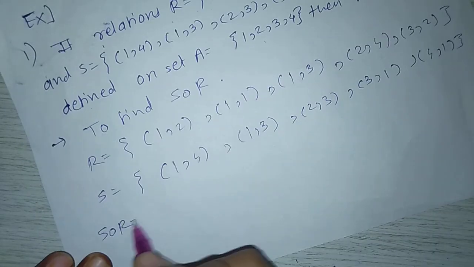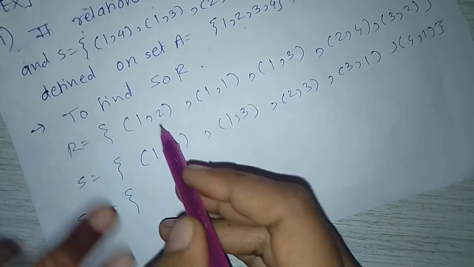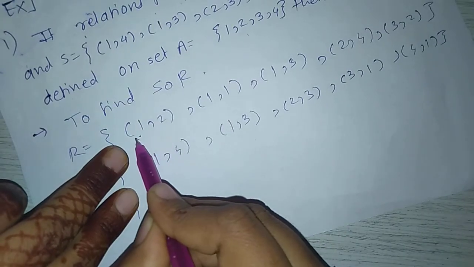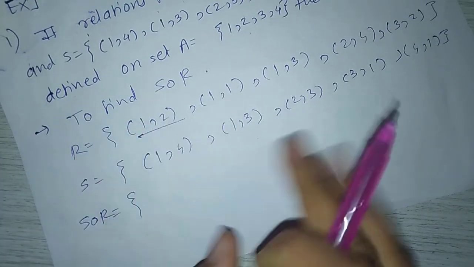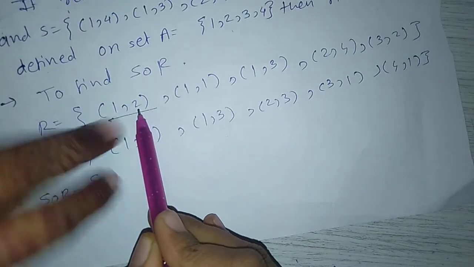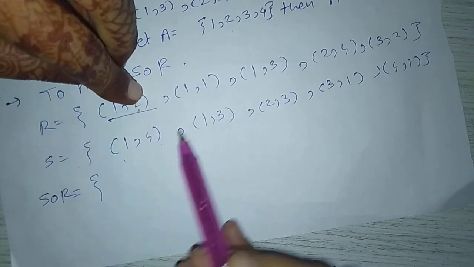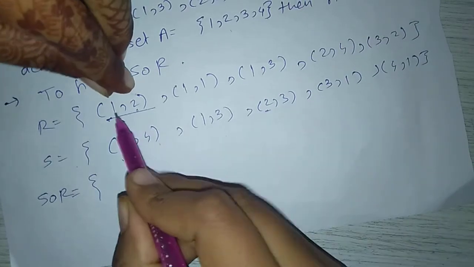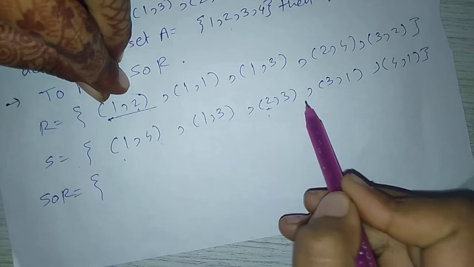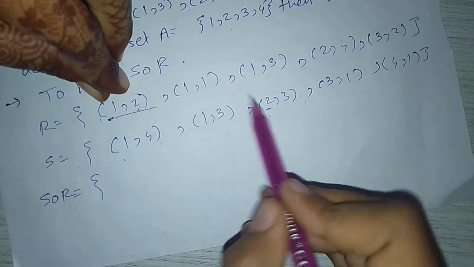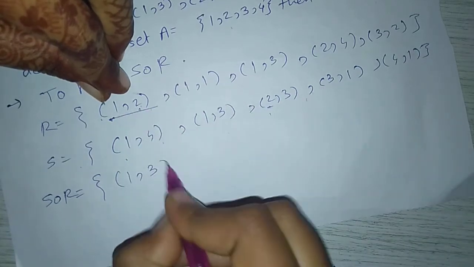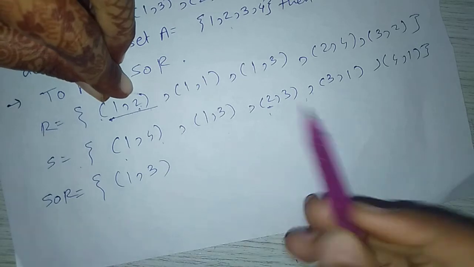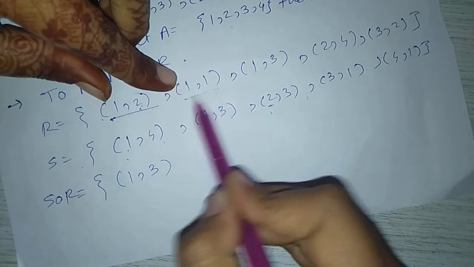S composite R equal to, here (1,2), take (1,2) in R. Here second element is 2. Check in S, first element 2 here. So make pair (1,2), (2,3), and by transitivity it is (1,3). So (1,3) belongs to S composite R. Similarly take (1,1).